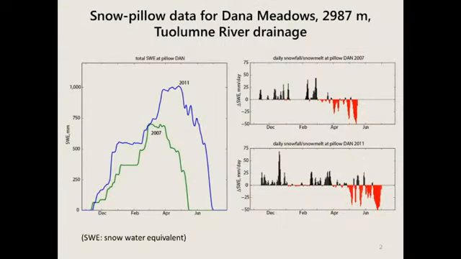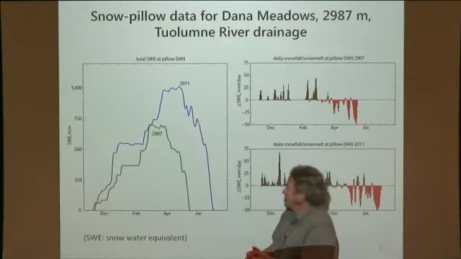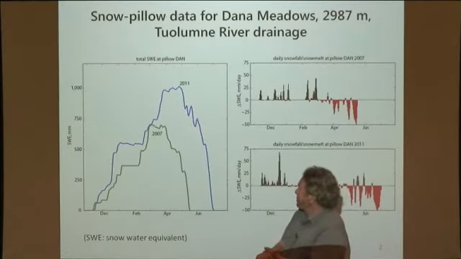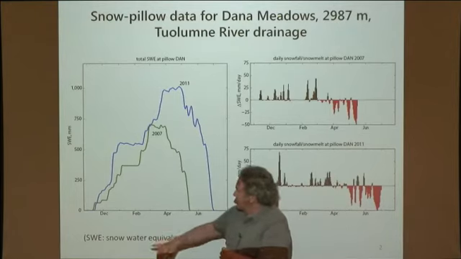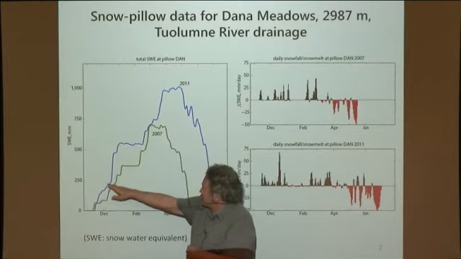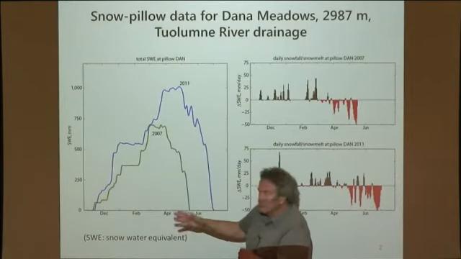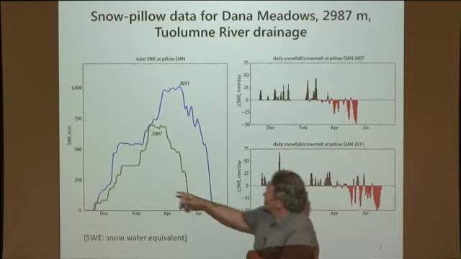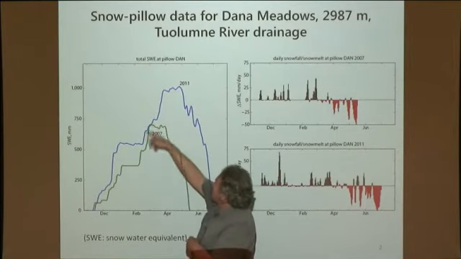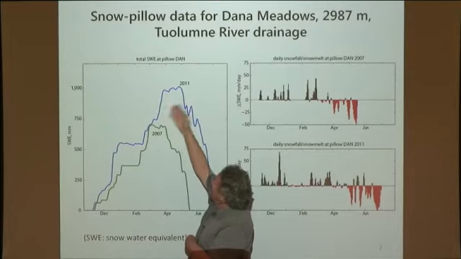Okay, so the issue with snow that you would know in any part of the western United States, and affecting probably 1 billion people worldwide who get water from snow melt in the mountains, is that if you look at the record from a snow pillow, which is a device on the ground that measures the weight of the snow on top of it, then the typical season is that snow starts accumulating early in the season, sometime October or November, and then in fits and starts the snowpack grows.